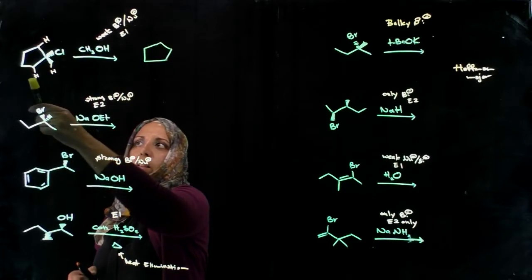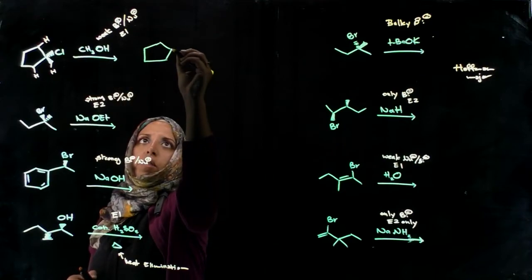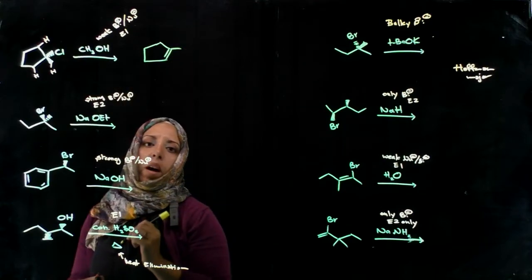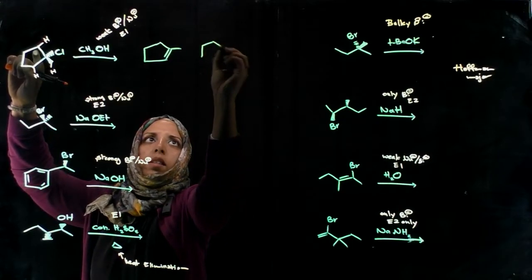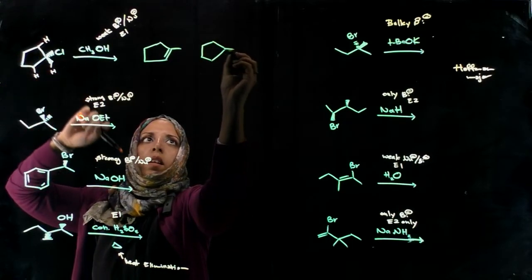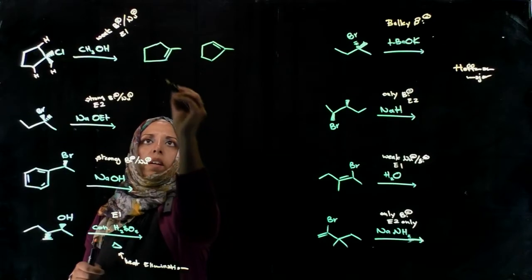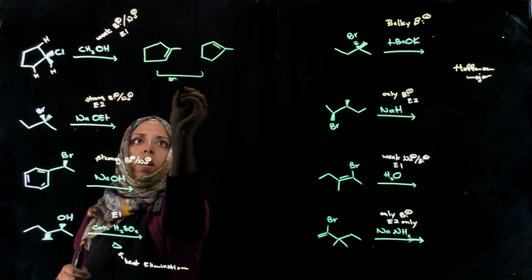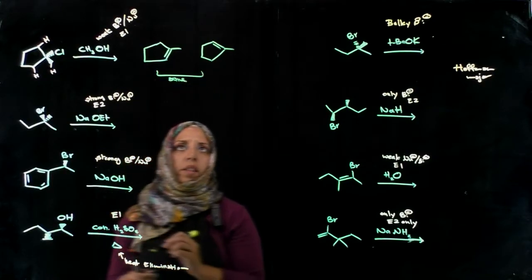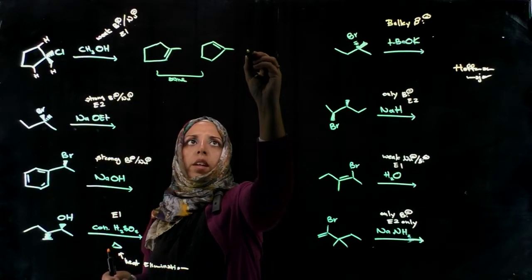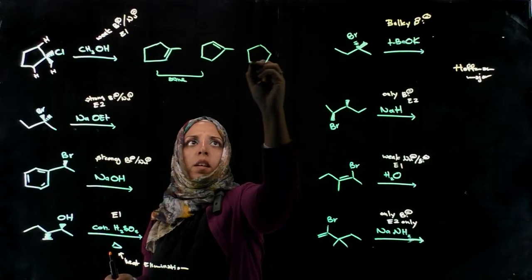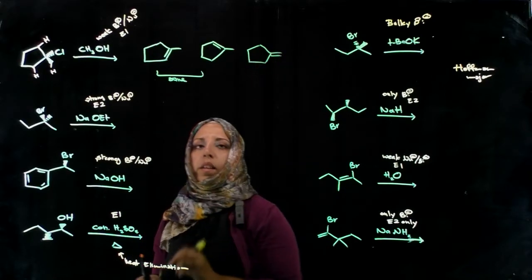So if this particular beta proton deprotonates, we form a pi bond right here. Now, if that particular proton deprotonates, we form a pi bond right there. But those two are really the same. They're identical. If this proton deprotonates, then we form a product like this.